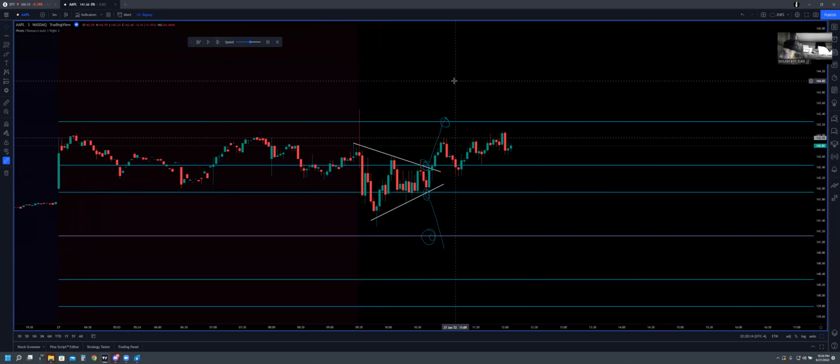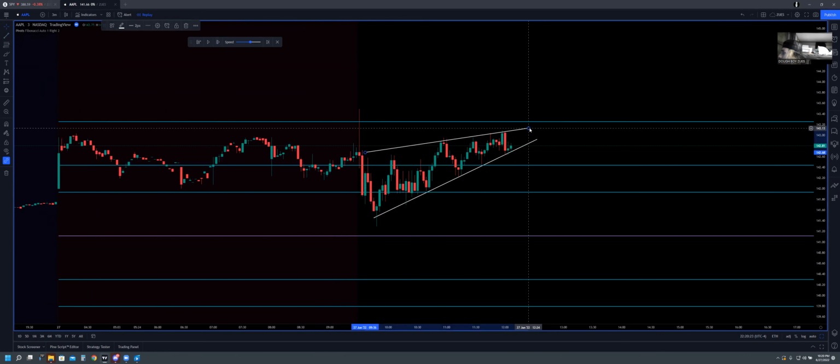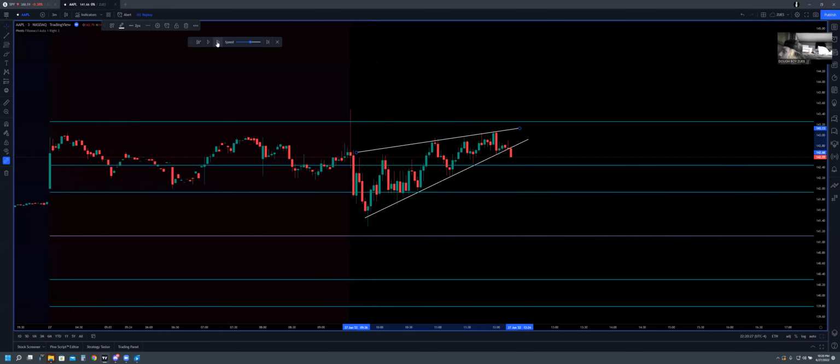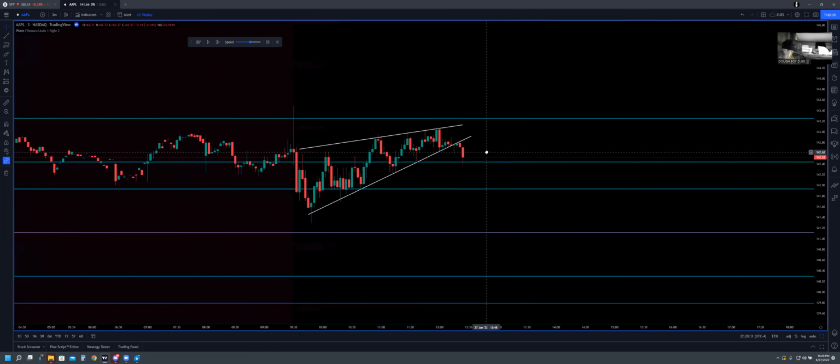And then I noticed we got a little pattern change. So I caught this before it broke down. And then this one, it's a little fishy because I like to have the patterns breaking out pretty close to the level break.